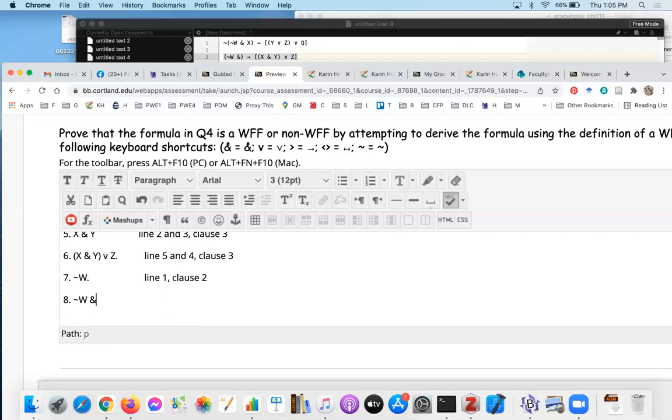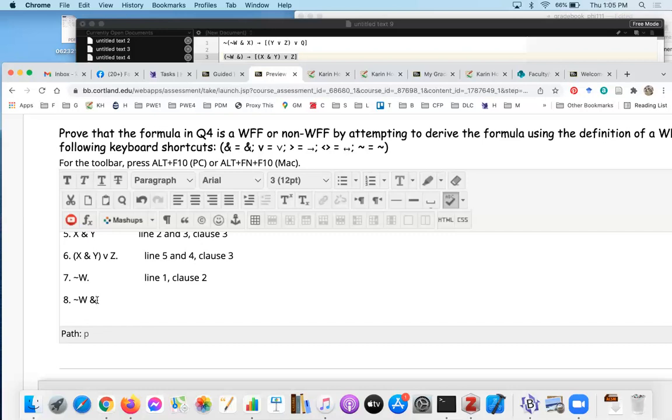That's how ampersands get into my formulas. But I need another well-formed formula to stick on the other side of the ampersand. And there isn't one in the string that I've been given to derive. So I'm not going to be able to validly derive this string using the definition of a well-formed formula.